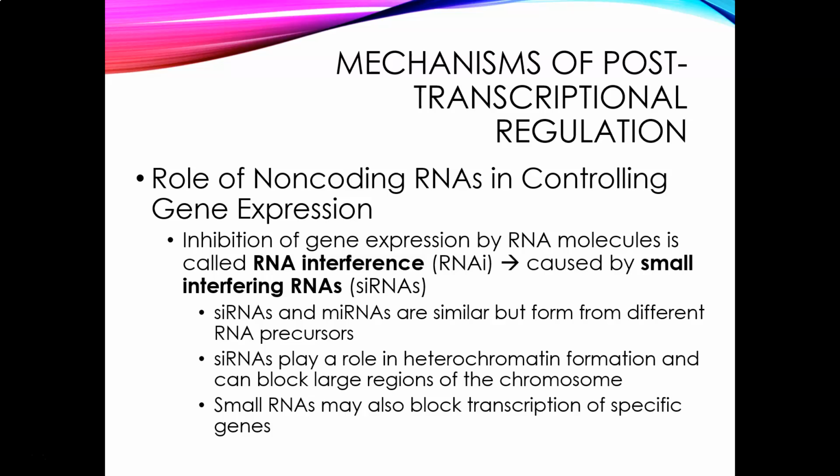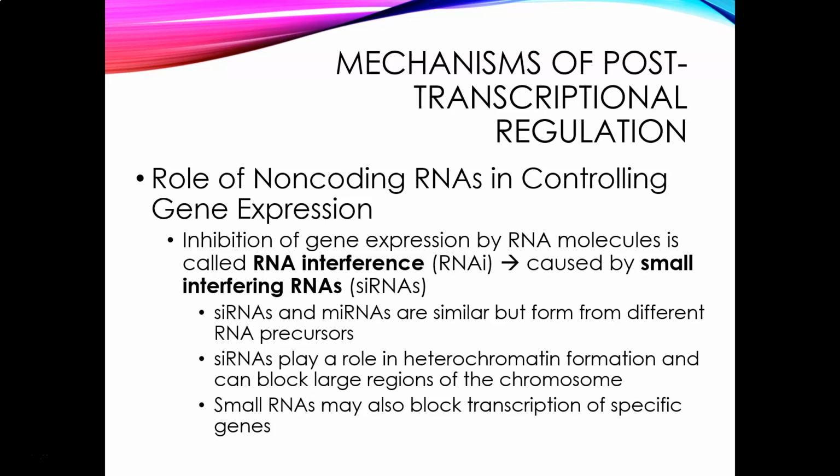So while the microRNAs are going to work directly with messenger RNA degradation or stopping the ability for translation to happen simply by blocking ribosomal access to that messenger RNA, when we look at these siRNAs, these guys are playing a much larger role in heterochromatin formation, right?